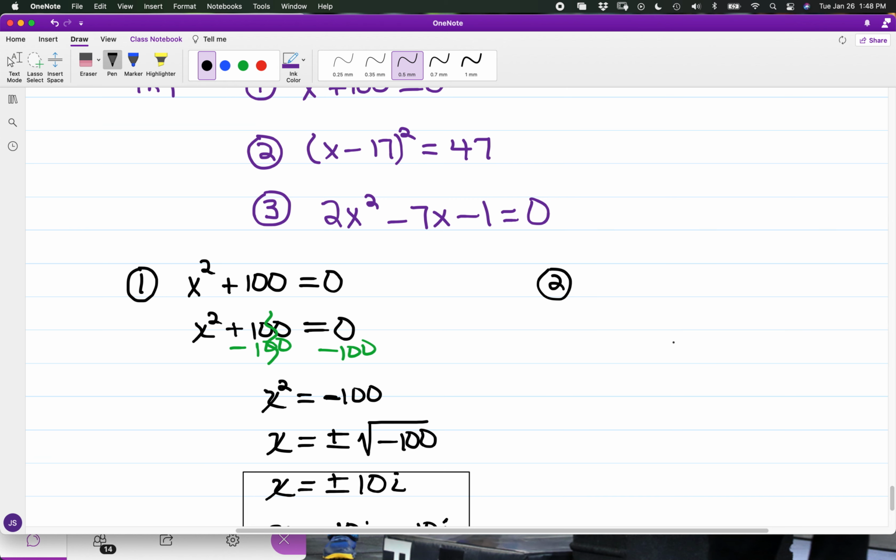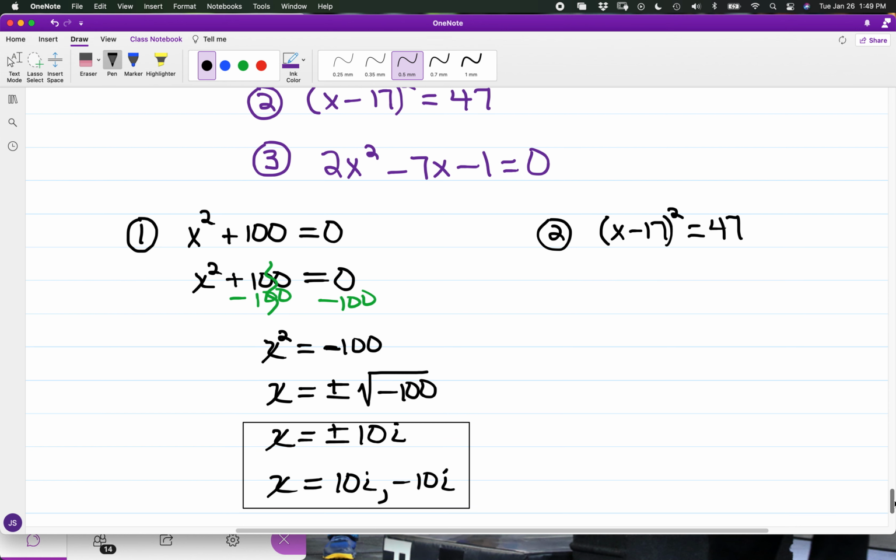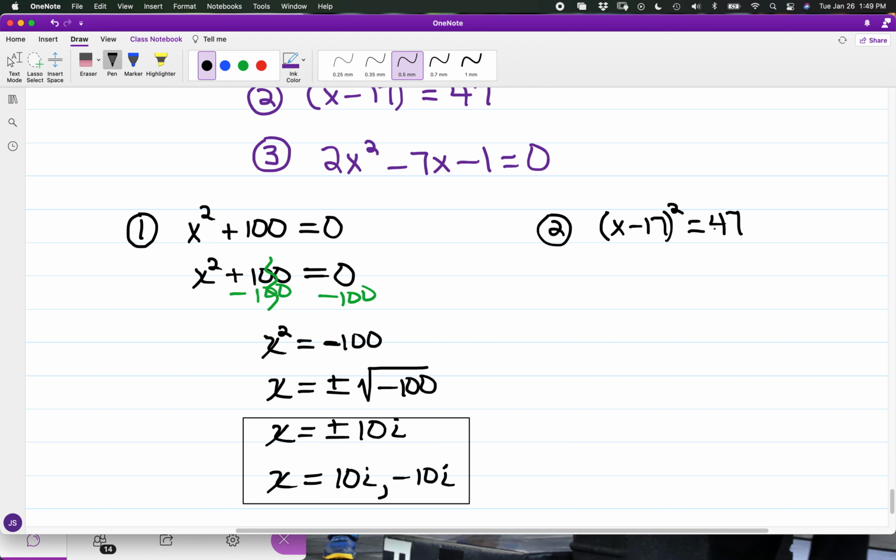we have, again, the square of x minus 17 is equal to 47. And right away, if I utilize the square root property of equality, we have the squared expression x minus 17 already by itself.